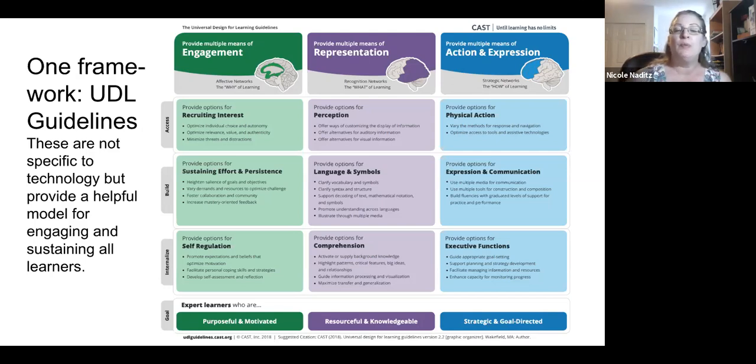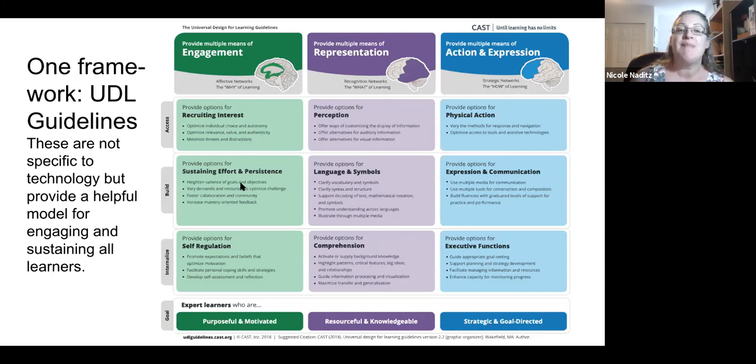And we will come back to this towards the end after we've talked about a couple more things and even some tools, to see what your thoughts are regarding the degree to which some of the tools we will talk about might help with these aspects of the guidelines. To what degree might some of the tools we talk about today help with recruiting interest?